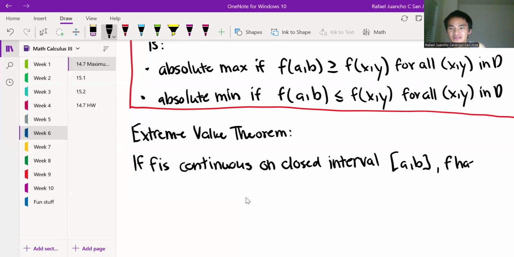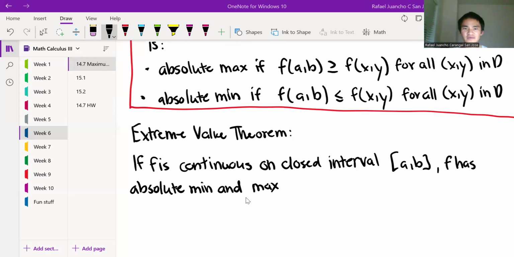So f has both min and max, right? And according to the closed interval method, we found these by evaluating f not only at critical numbers, but also at endpoints. And this is similar for functions of two variables.